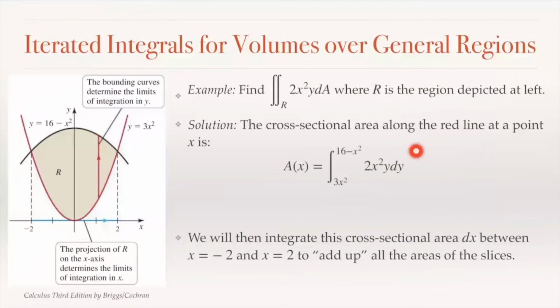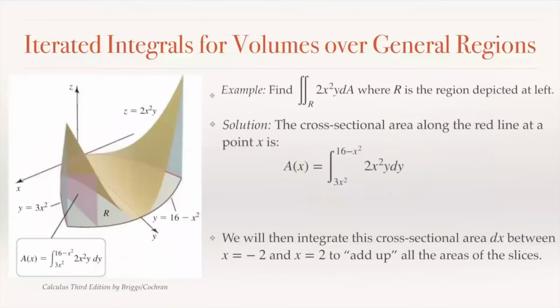So this integral here at any fixed point x would be this area depicted right here. And then when we multiply that by dx, then the picture looks something like this. Multiply that area by dx, and we have a little volumetric slice. And then when we integrate those, meaning adding them together for all the x values between here and here, then we'll in total get the volume underneath the surface.